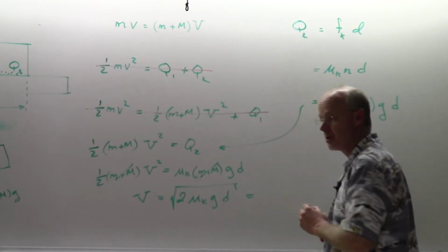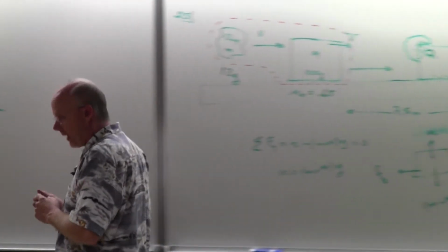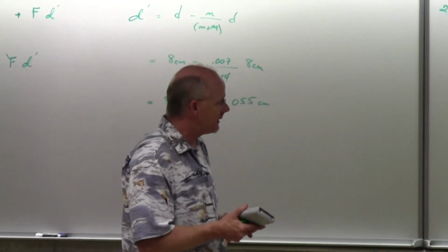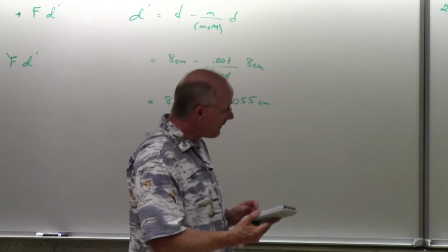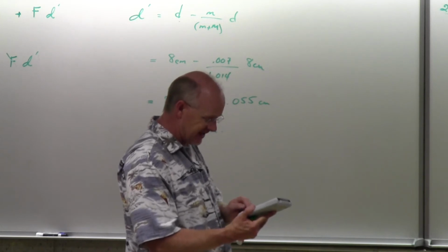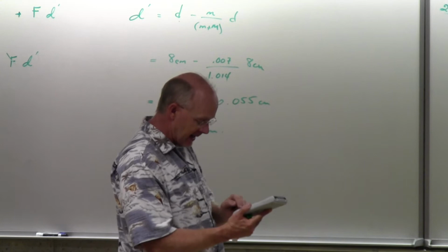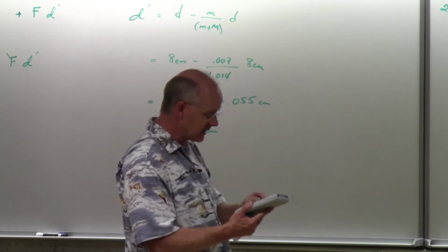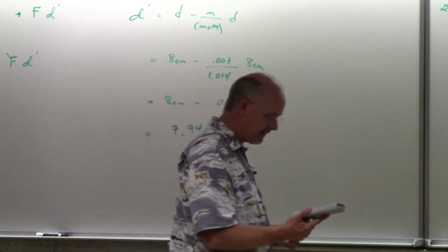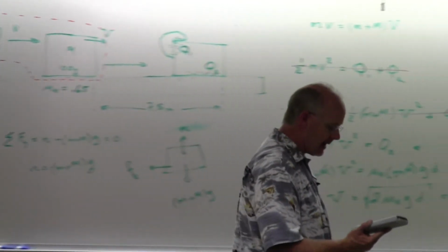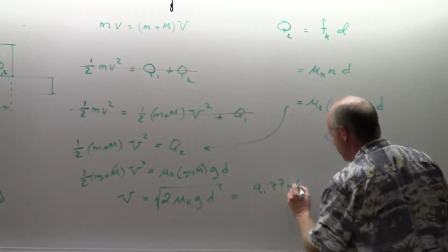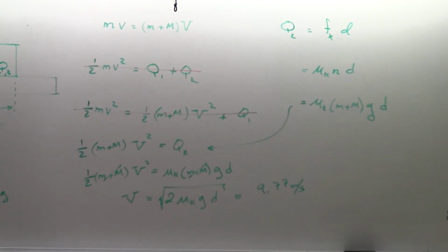So there's my first calculation using, at this point, only conservation of energy. I haven't got to the momentum part. But if I put in those numbers, 2 times 0.65 for the coefficient, 9.8 for g, and 7.5 for the distance it slides, and then take the square root of that, it looks like I got 9.77 meters per second is the speed after the collision.